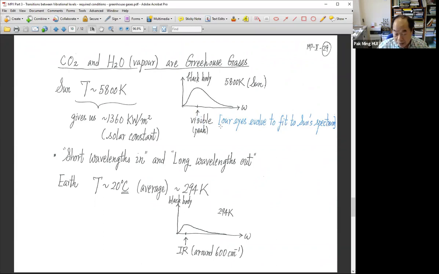You see, our eyes are so well adapted, they evolved into adapting to this sun spectrum. So that's why we are sensitive in this region we call visible. Okay, nice. But this is higher frequency, okay? That means shorter wavelength.